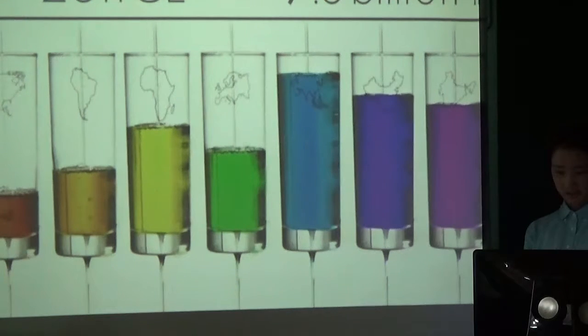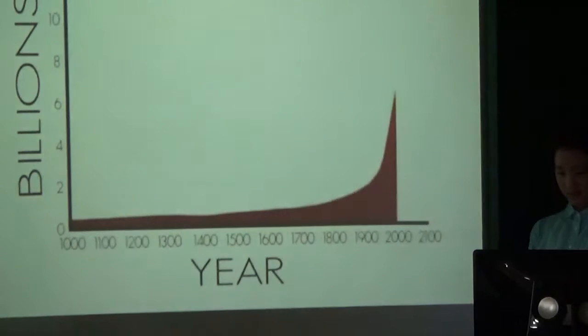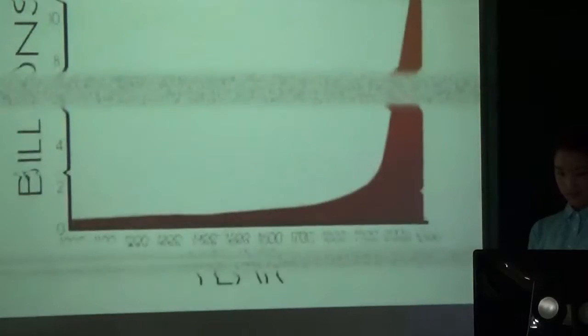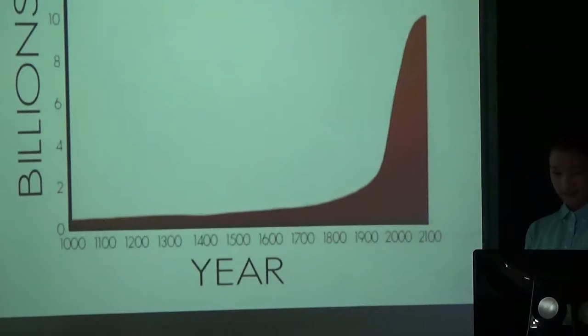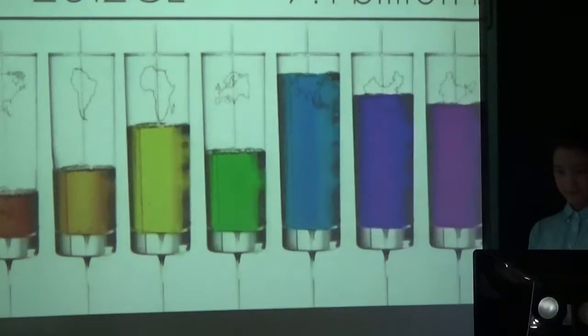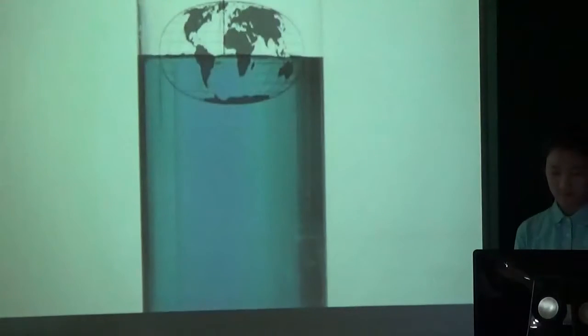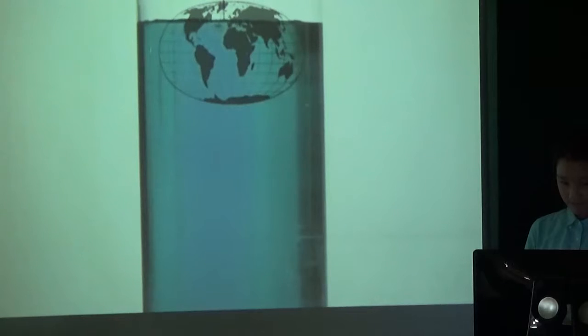We've grown from 1 billion to 7 billion, and it only took 200 years. Will we keep going like this? Probably not. The UN says we'll level out at 10 billion by the end of the century. So as we continue to grow from 7 billion, the question is, can the world hold that many people? Experts can't agree. It all depends on how well we manage our food, water, and energy.